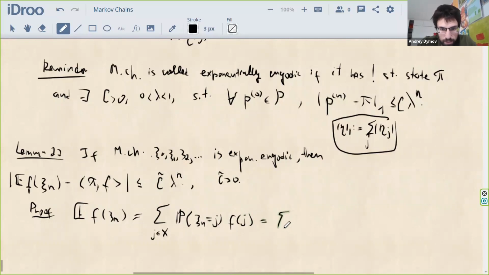So this is the summation of the component number J of the distribution pi n times f of J.